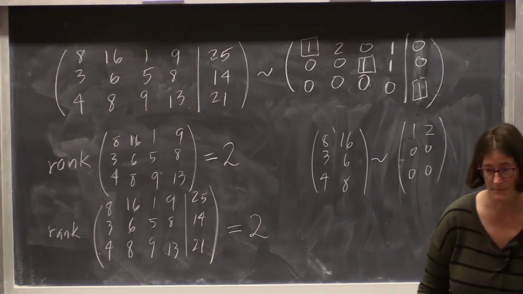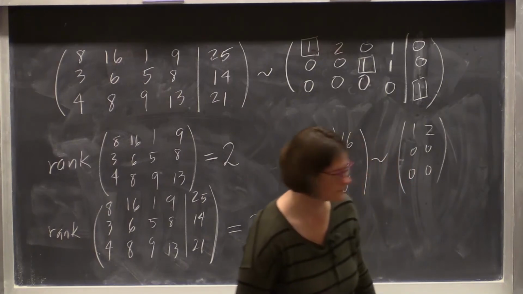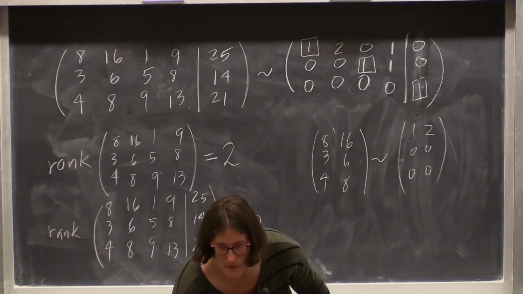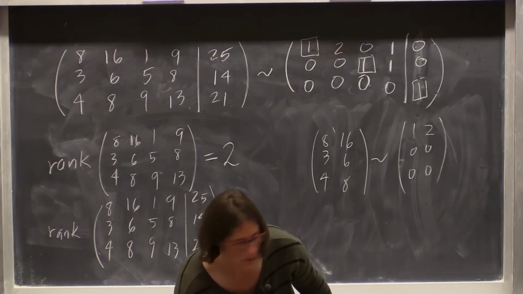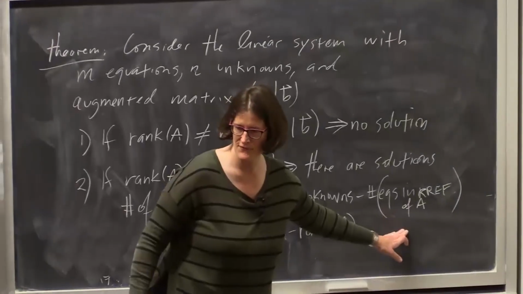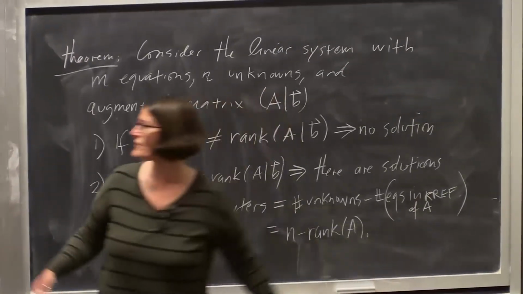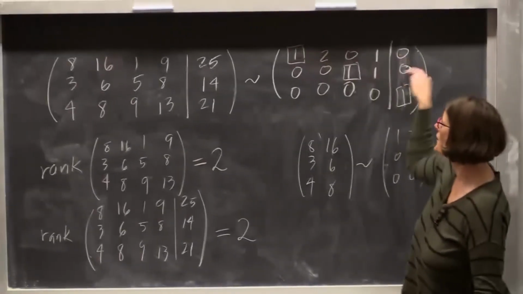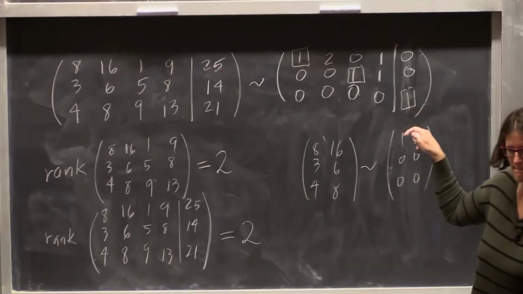Questions? Yes. For the second one, the number of parameters is also equal to the number of unknowns minus the rank. Yep, it's also the same. The number of equations in the reduced row echelon form is the same as the number of leading ones: 1 equation, 2 equations, 3 equations.